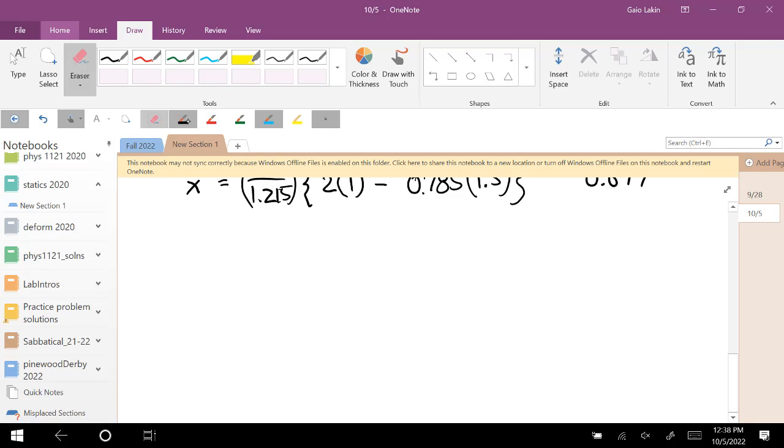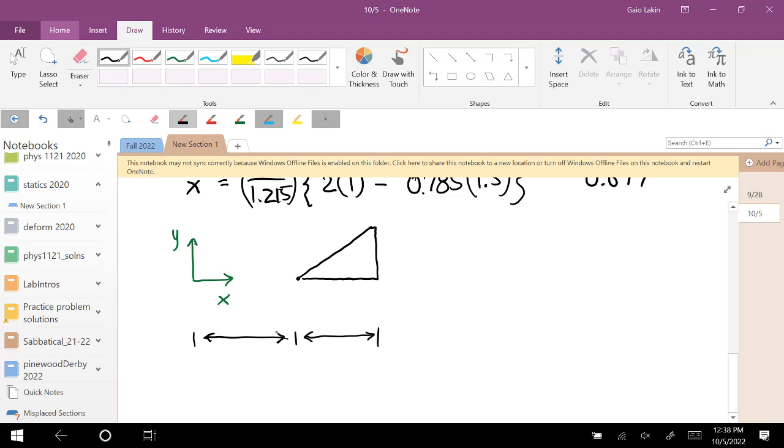I guess let's draw the coordinate system. And the triangle is this, where this is a meter and this is a meter. The length of this triangle then is 1 meter.